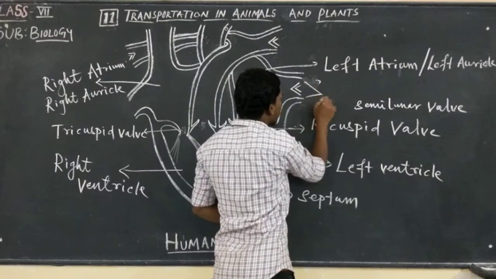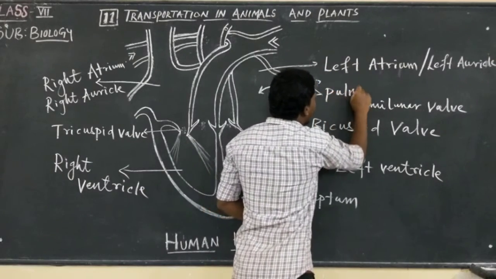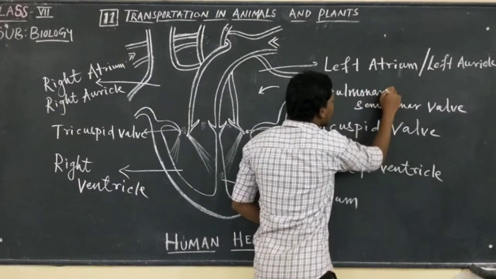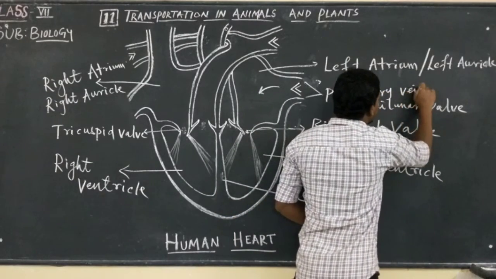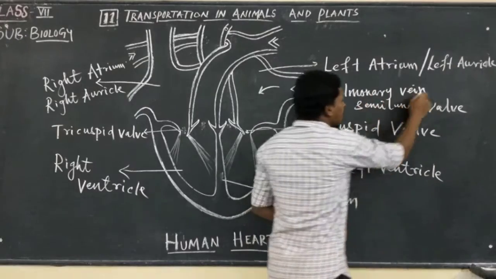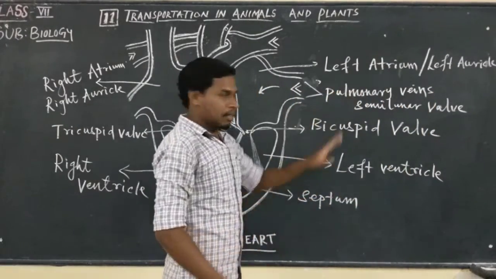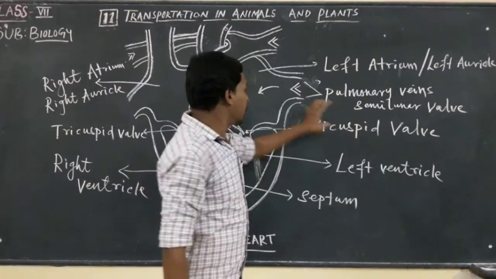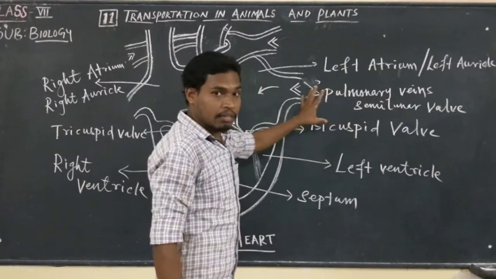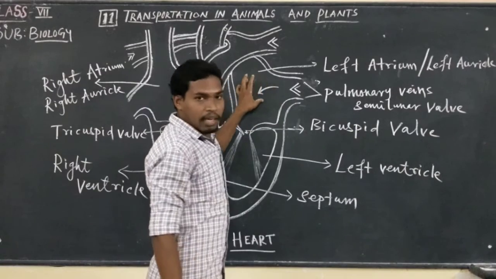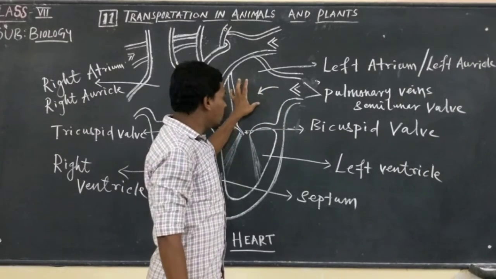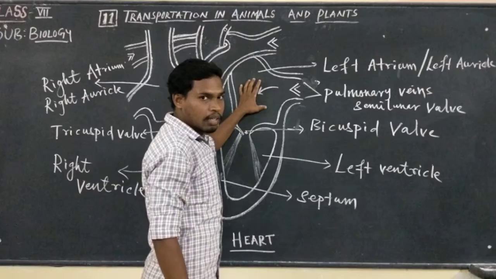Here you can see these are the pulmonary veins. Blood from the lungs is picked up by the pulmonary veins, and it is transferred to the left auricle. Here you can see the left auricle.